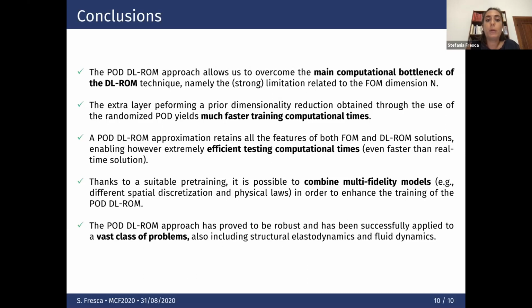Moreover, thanks to suitable pre-training, it's possible to combine multi-fidelity models. With this, I mean different spatial discretizations or different physical laws, in order to further reduce the training times. And finally, this approach has proven to be robust because we successfully applied it to a vast class of problems, including structural elastodynamics and fluid dynamics.